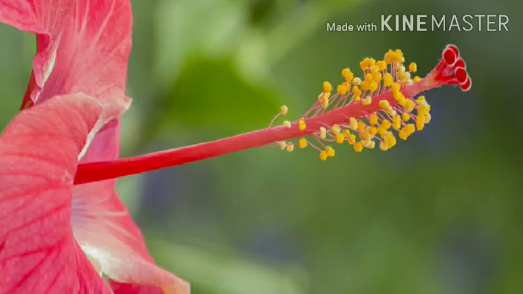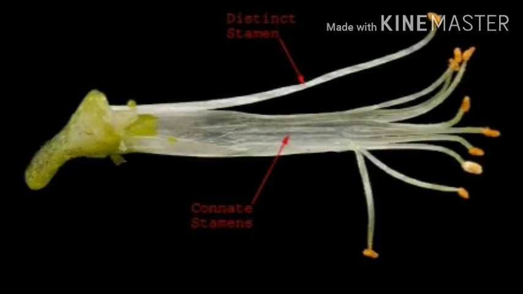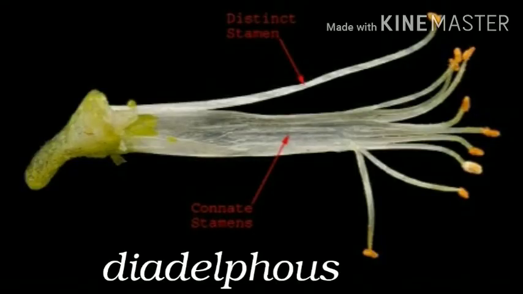If it is diadelphous, then two bundles are formed, as in case of pea, you can see 9 stamens are together and one is separate. So there are two bundles, one bundle forming 9 stamens and the other bundle forming only one stamen. Now if there are more than two bundles of stamens in a flower, then it is called polyadelphous condition, as you can see in citrus fruits.